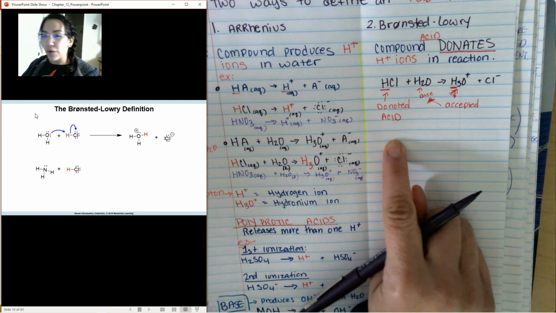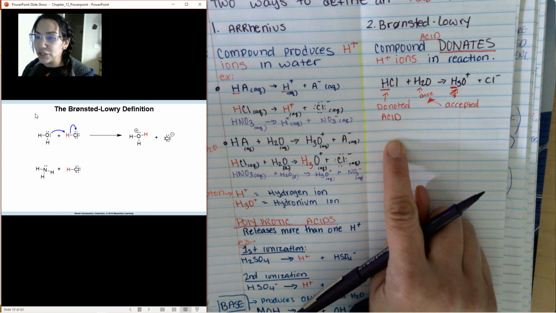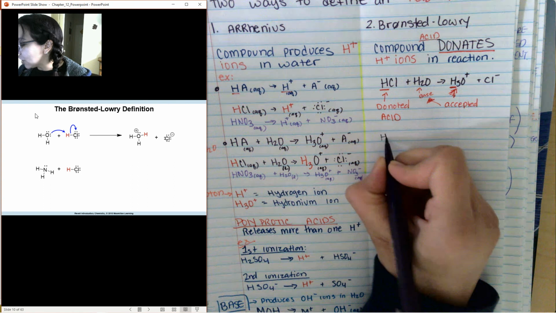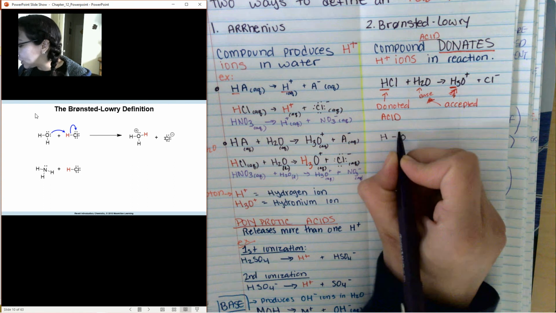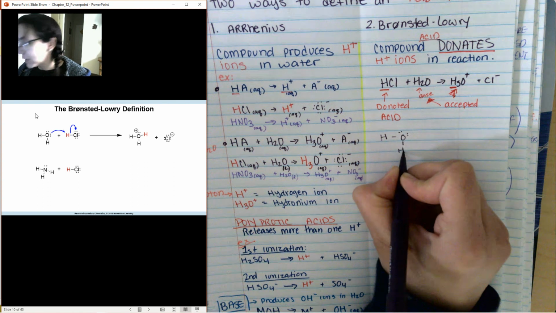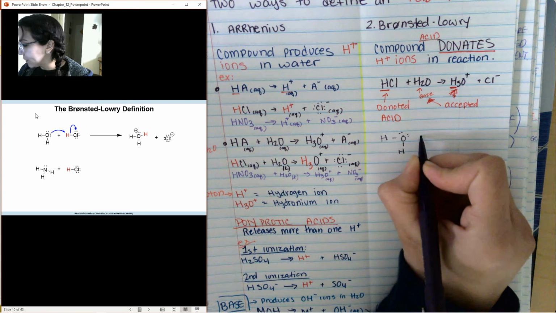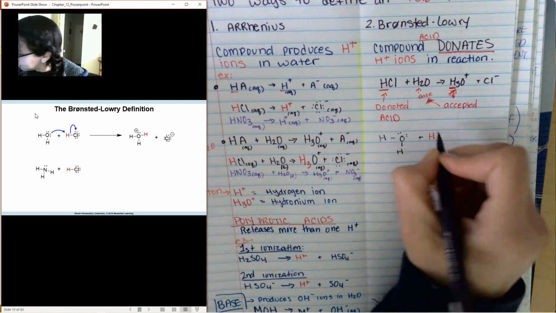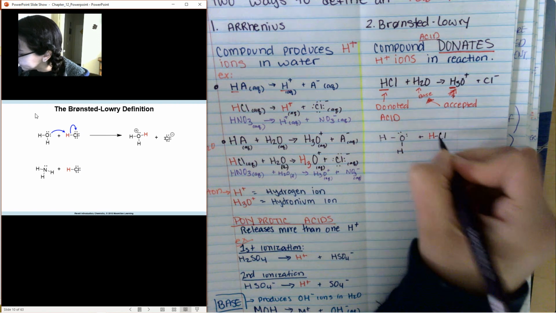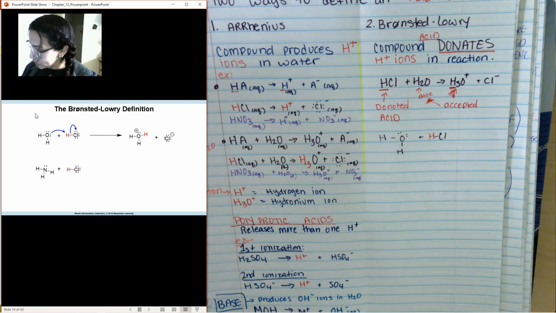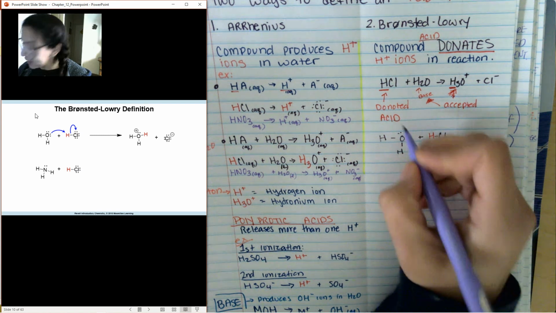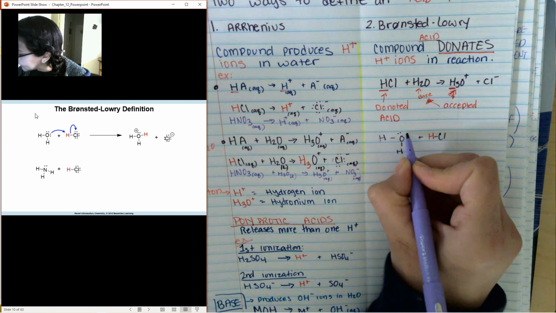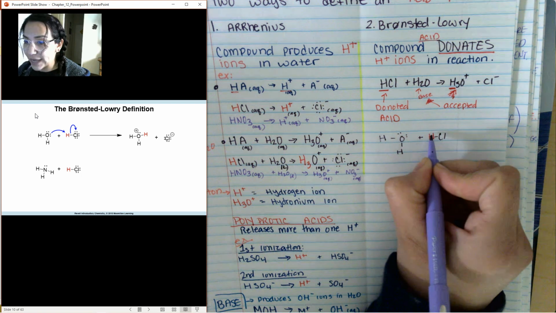So let's write this down kind of like it's showing us so we could remember how the hydrogens are moving inside of our reaction. Here is my water plus my hydrochloric acid. In this reaction, we could see that these electron pairs are attracting this hydrogen.